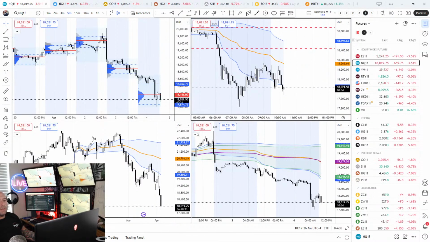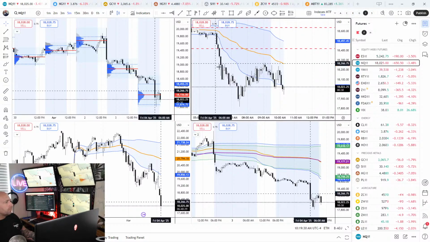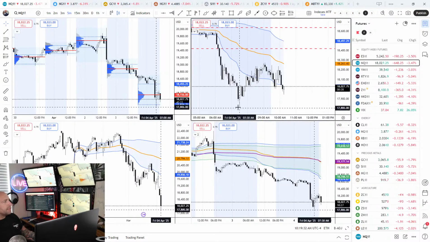Now let's see if we get the return to value trade, or if it holds on the outside here.